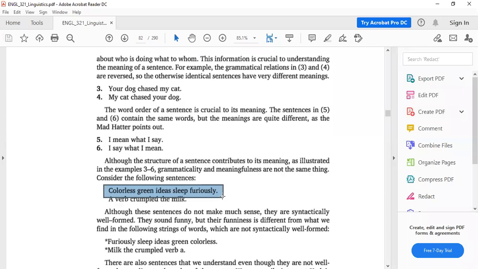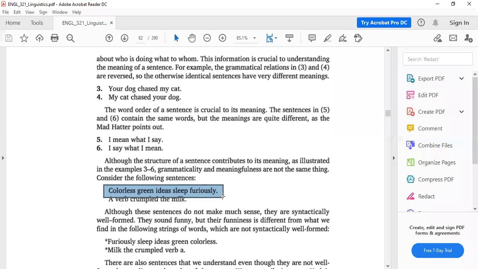Colorless, adjective, green, adjective, they both modify ideas, the noun, the subject, and we have a verb, sleep, and furiously is an adverb that modifies the verb sleep. But the problem here is not in the structure or the grammar of the sentence. The problem here is in its meaning.